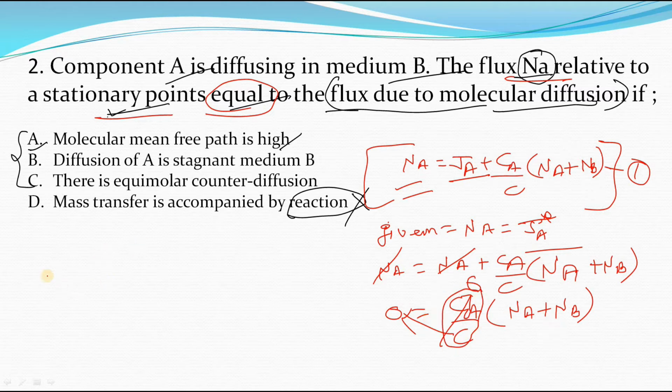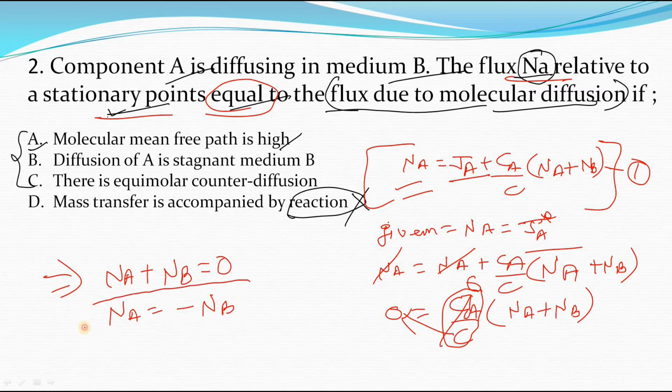Now what will we get? We will get Na plus Nb equal to 0. Okay, and when I write it like that, it will become Na is equal to minus Nb.